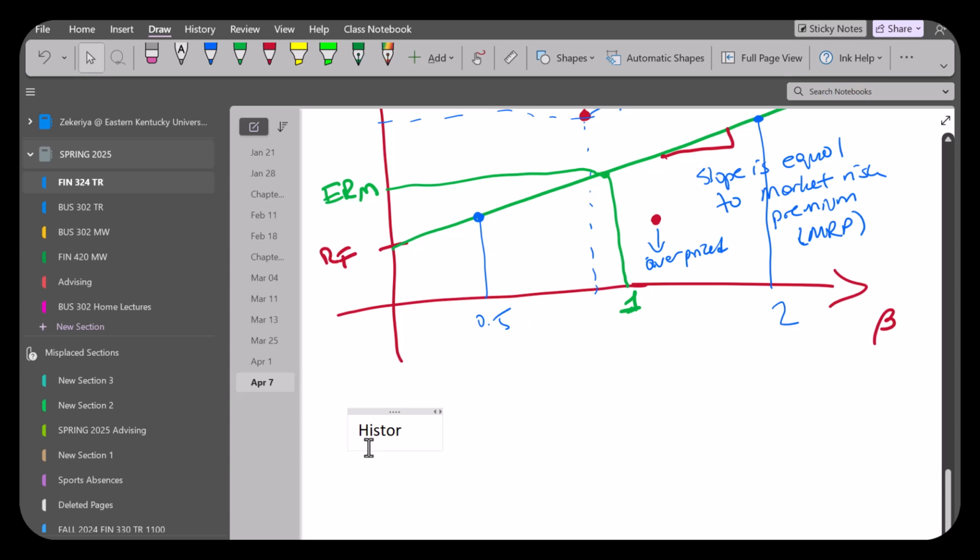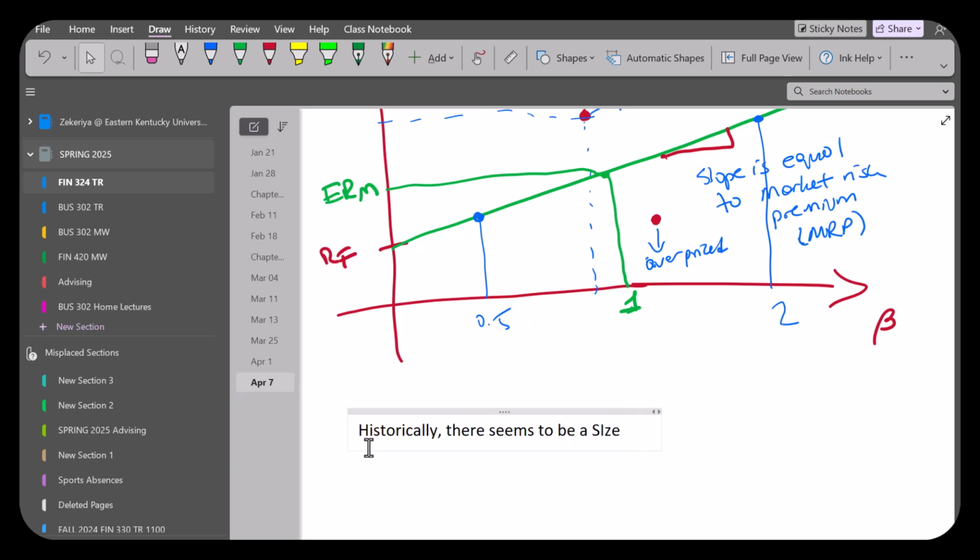Historically, there seems to be a size premium. Smaller stocks earn returns that are higher than justified by their beta.